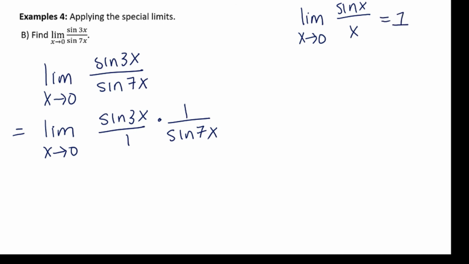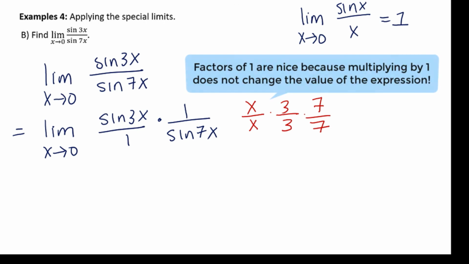Looking, we need an x over x, that's a factor of 1. We also need a 3 over 3, that's a factor of 1. And 7 divided by 7, that's another factor of 1. And we will reorder these terms to make it fit.